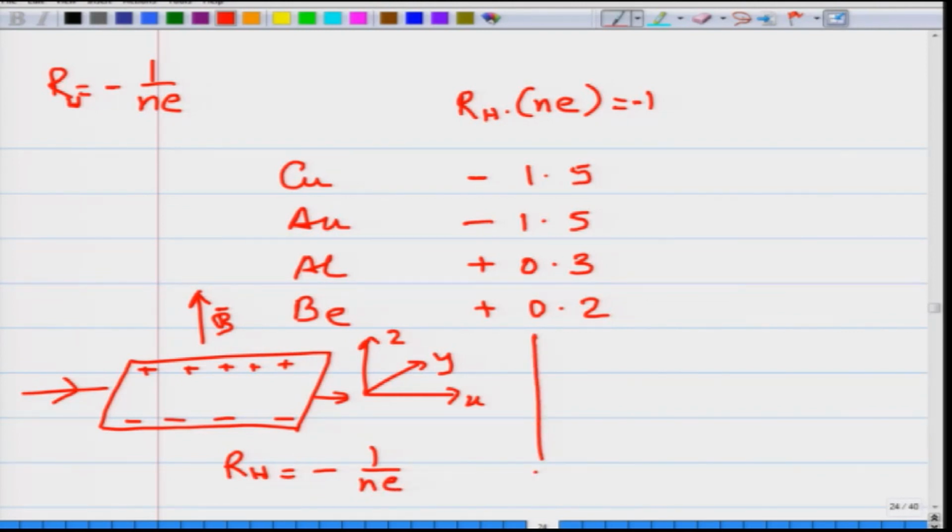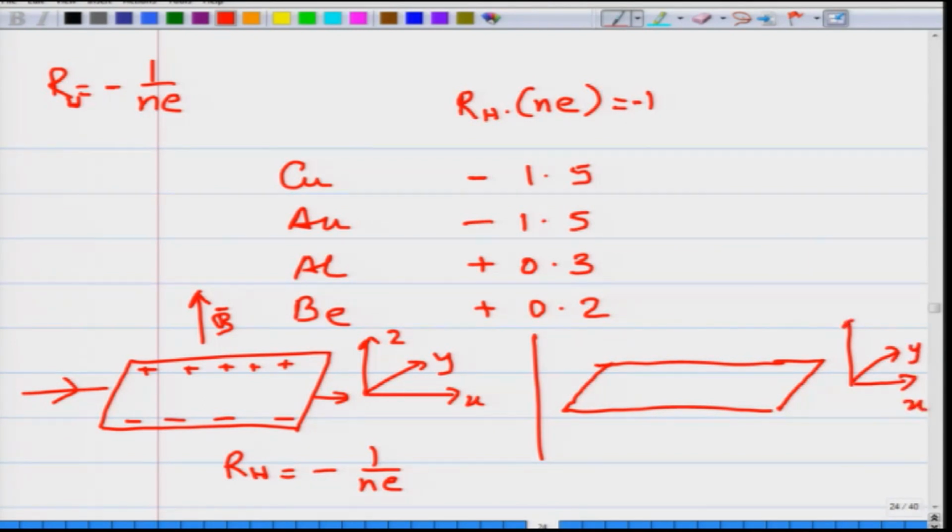But for the moment, just for the sake of argument, if instead of negative charge carriers, which are electrons, you consider positive charge carriers, what would happen? With exactly the same choice of axis x, y and z, current is in this direction, magnetic field is in this direction.